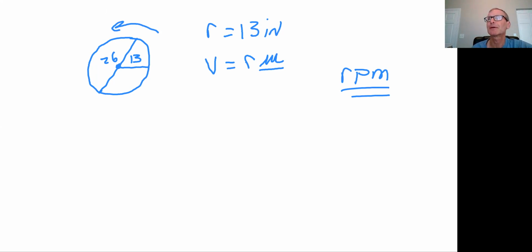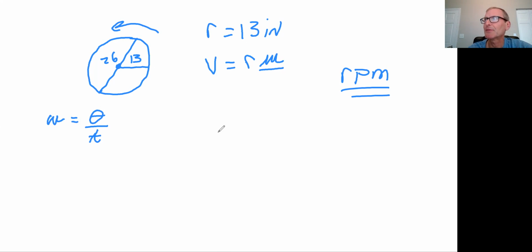So to do this calculation, the first thing we need to calculate is the angular speed because we need W. And W is defined as theta over T. So to get that calculation, first thing we need is this angular speed.